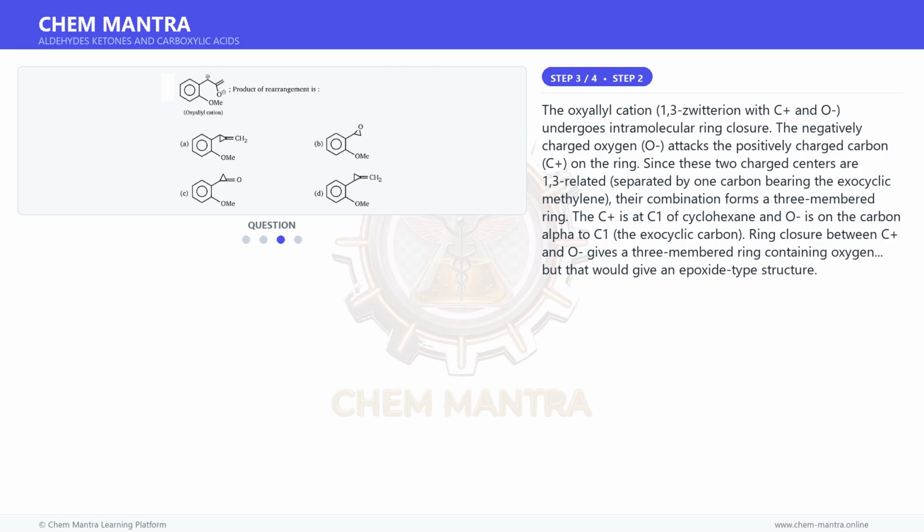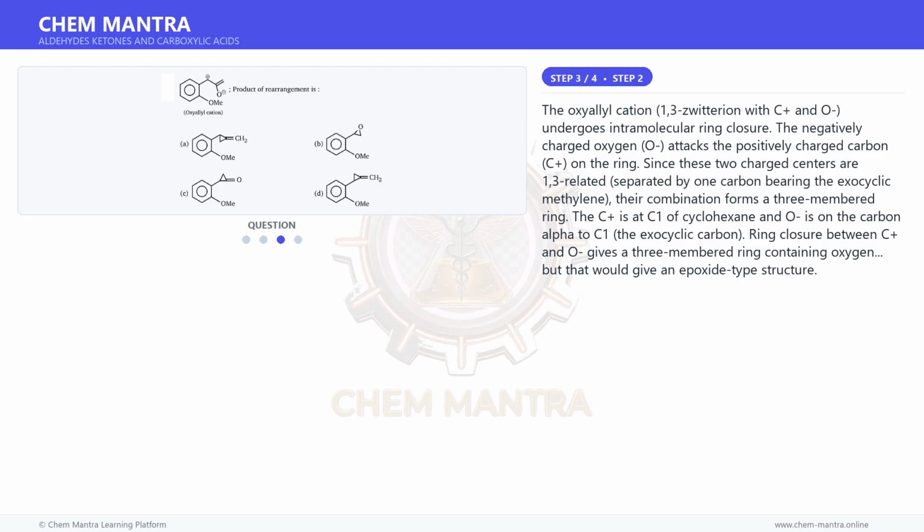Since these two charged centers are 1,3 related, separated by one carbon bearing the exocyclic methylene, their combination forms a three-membered ring. The C+ is at C1 of cyclohexane, and O- is on the carbon alpha to C1, the exocyclic carbon. Ring closure between C+ and O gives a three-membered ring containing oxygen.